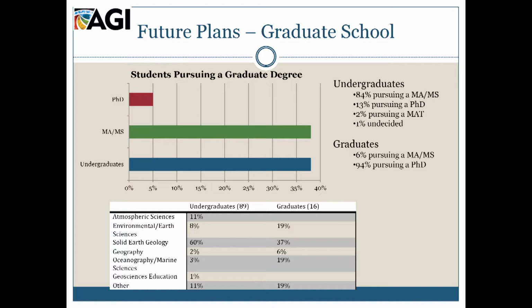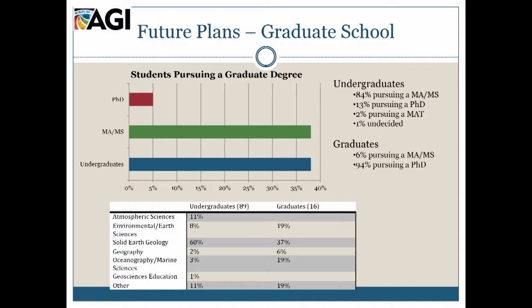So we had, for our undergraduates, 84% of our undergraduates that are pursuing a graduate degree are pursuing a master's degree, 13% a PhD, and 2% pursuing an MAT. 1% weren't sure. As far as our graduates go, 6% of those pursuing a graduate degree are pursuing another master's, and 94% are pursuing a PhD.